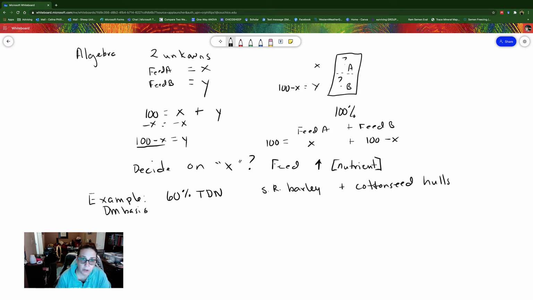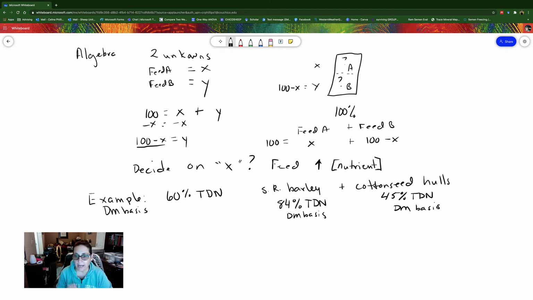If I go to the Noble Feed Library and look up steam-rolled barley, I'm going to find that this is 84% TDN on a dry matter basis. If I look up cottonseed hulls, they are 45% TDN on a dry matter basis.